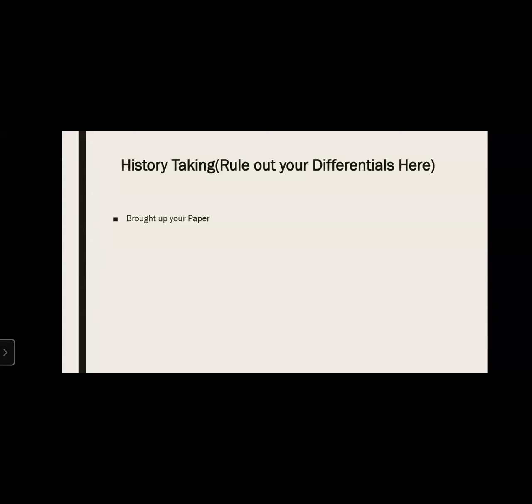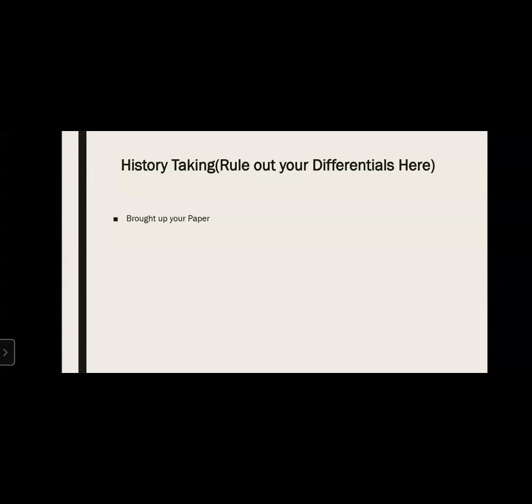You will see that if you are following my scheme, my presentation, you will feel that almost 70% of differentials will be ruled out till here. You will start cutting all the differentials. If you have written 10 differentials, after taking the history which I had taught you, you will feel that 60 to 70% of differentials will get cancelled by you at that point.